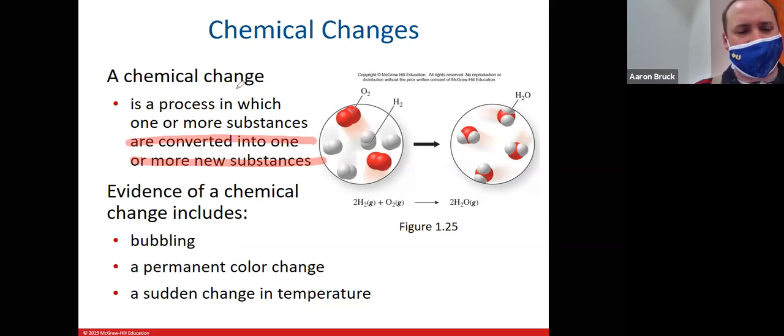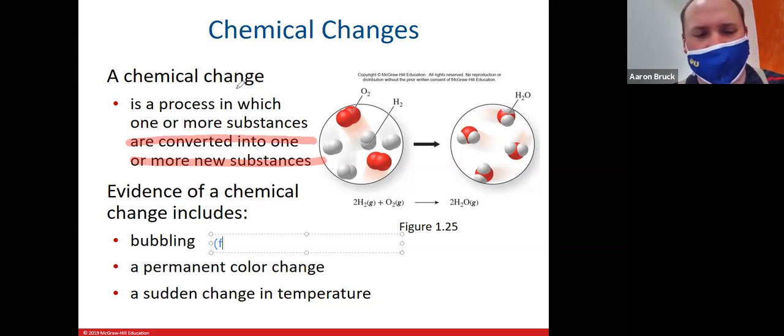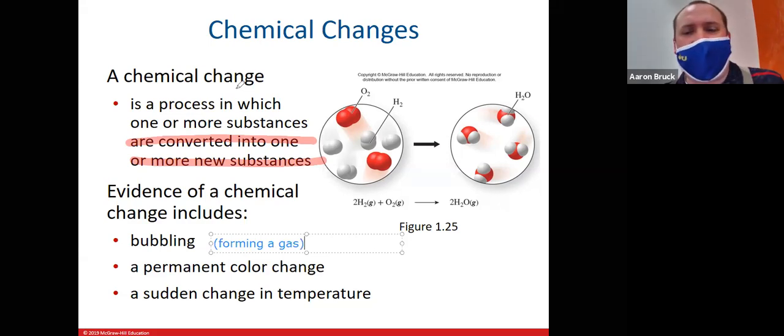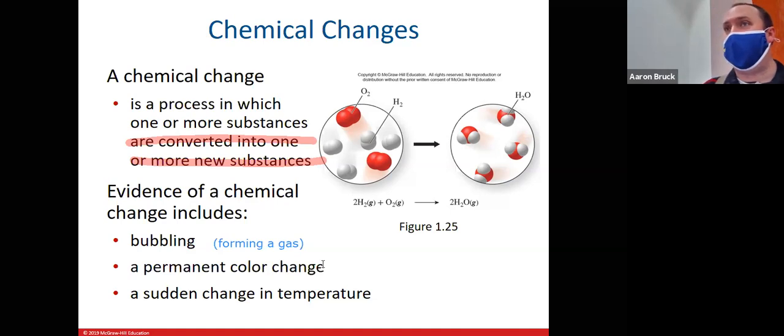Evidence of this would come in the form of bubbling, where we form some kind of a gas where gas was not before. So if I take two powders and I mix them together in water and all of a sudden they start to bubble up, that's evidence of a chemical reaction.